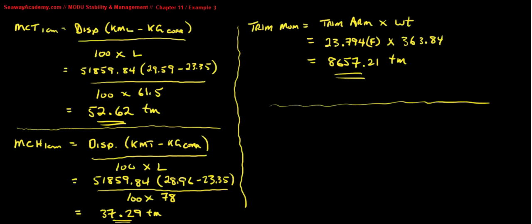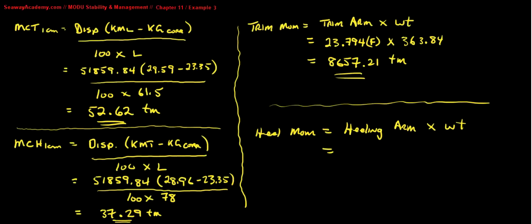For our heeling moment, the formula is our heeling moment equals the heeling arm times the weight, and the heeling arm equals the distance between your transverse center of buoyancy and the transverse center of gravity.